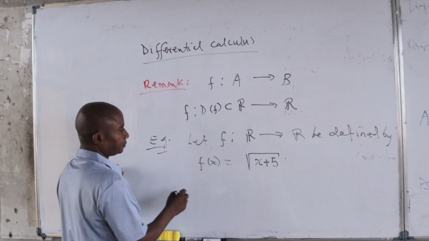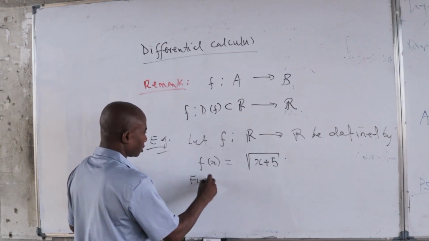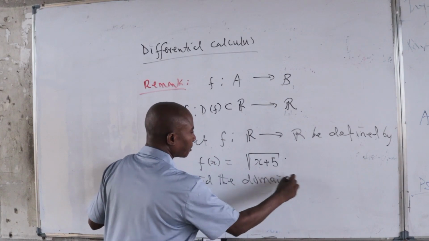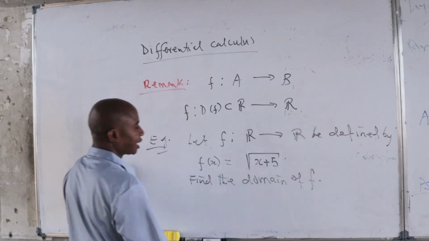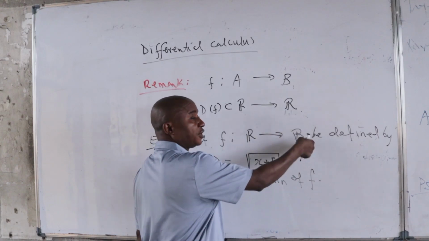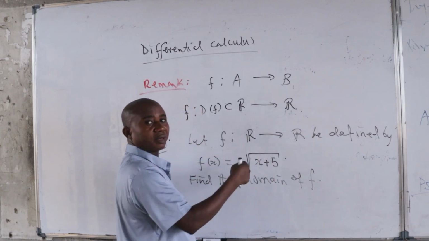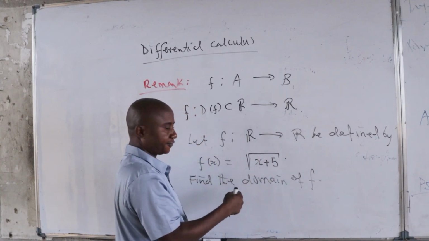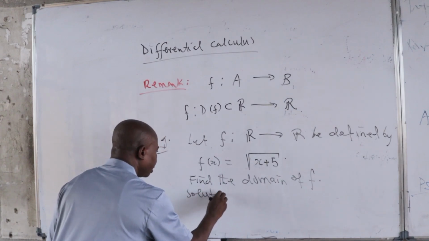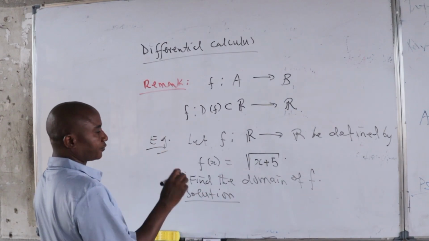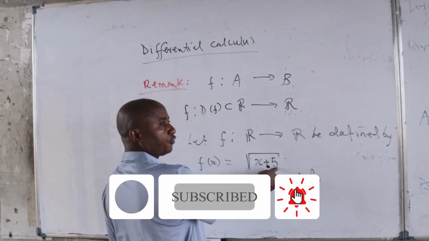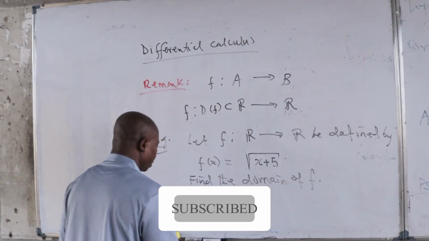Like I explained, the square root of any real number can only give you a real number if that number is not negative. And so, for us to find a domain, we need to first of all find the values for which x plus 5 is bigger than or equal to 0.